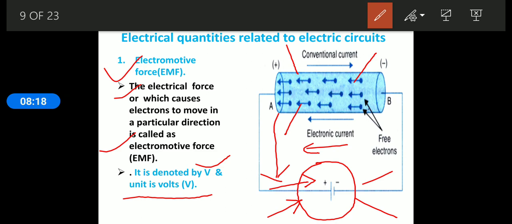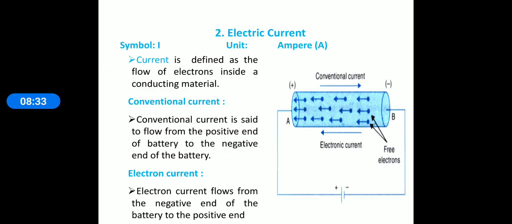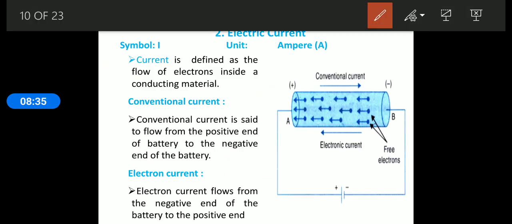That is, the electrical force which causes the electrons to move in a particular direction is called electromotive force. Then next, what is the electrical current? The electrical current is denoted by I. The unit of electrical current is ampere.